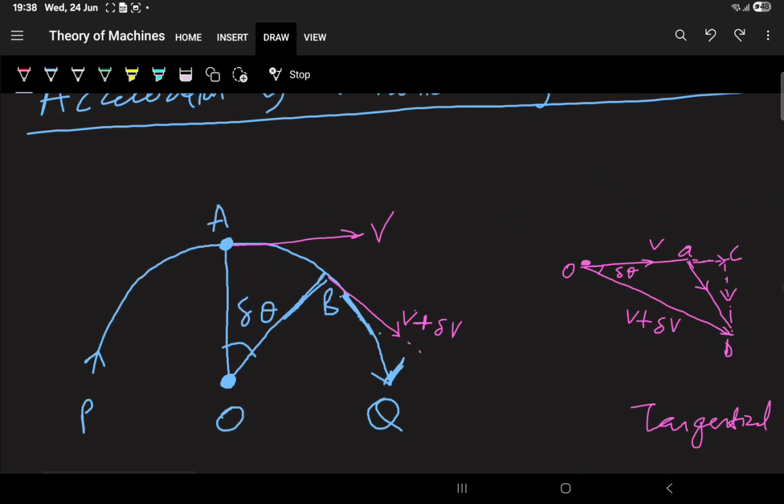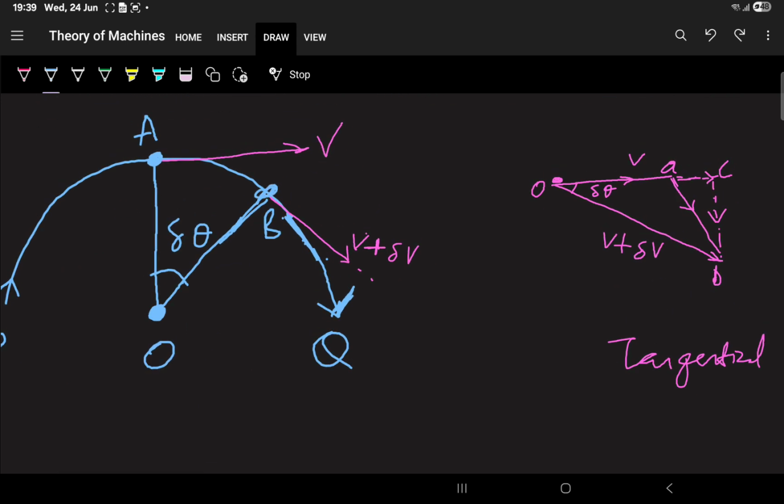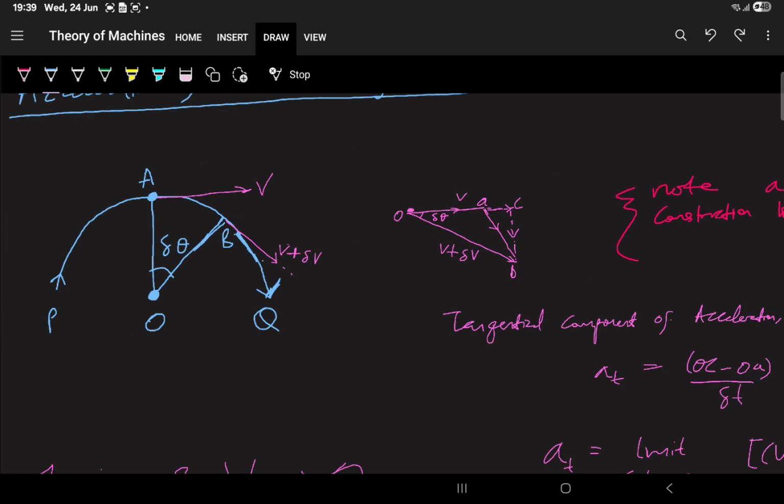But let's say at a point which we'll call A, as you keep on moving, swirling, your velocity at point A is tangent to the circular path you're making. So also your velocity at point B is tangential to the path you've created at point B, to the circular path.